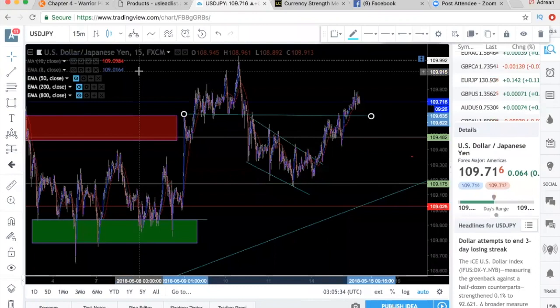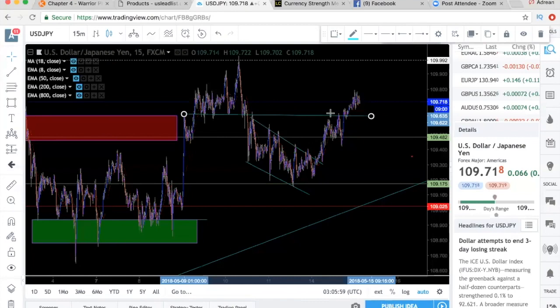Also, when those cross, you enter? No, I don't enter off of that. Every EMA that I have on mine is literally just to track trend. That's it. Track trend, or counter trend moves, one or the other. But other than that, that's it.